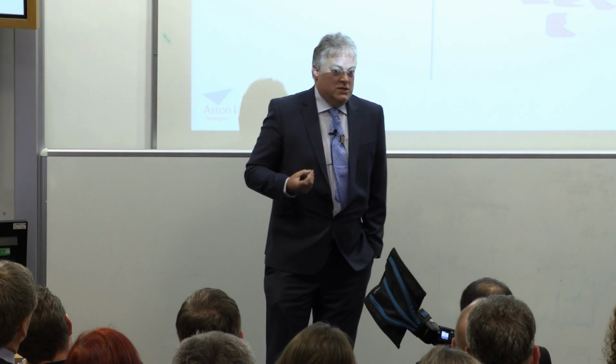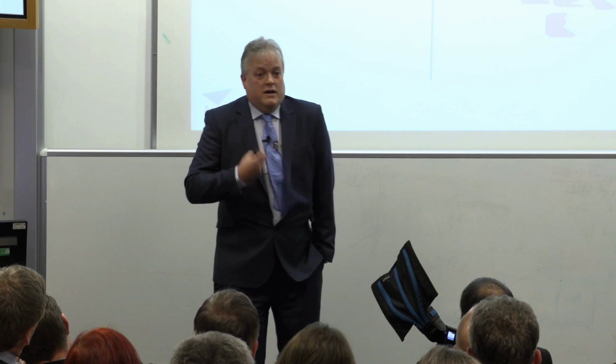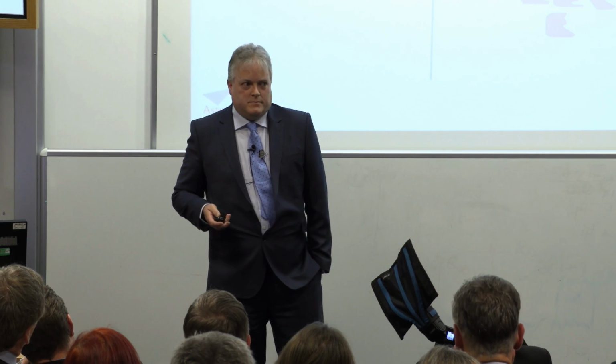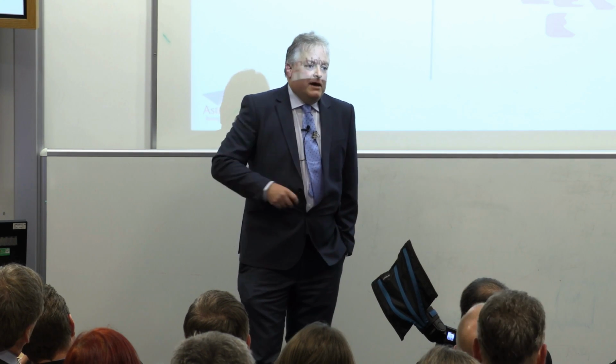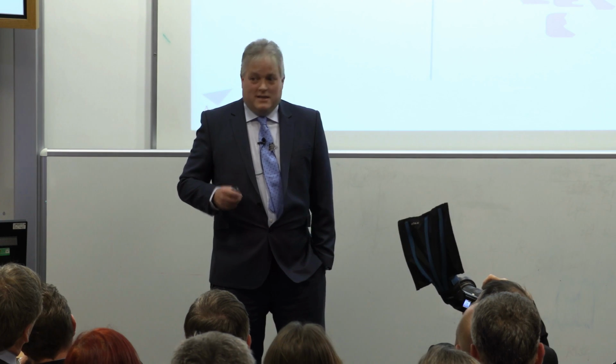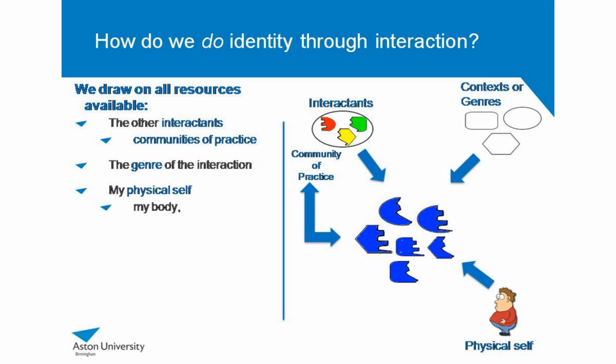Our appearance, our scruffiness or smartness, our physically observable gender, ethnicity, age, and so on, are all resources we draw on in our identity performances. The other bit that linguists are less likely to talk about is the bit of the physical self which is your brain, your cognitions as well.